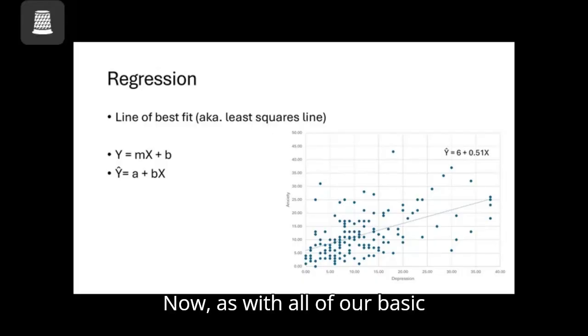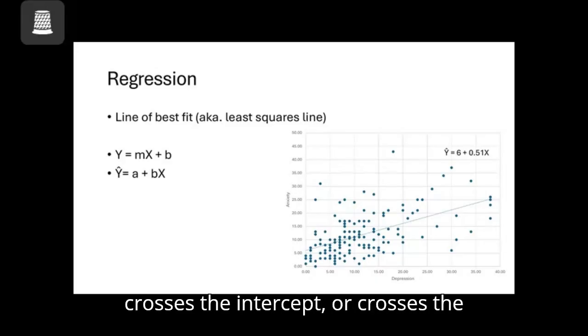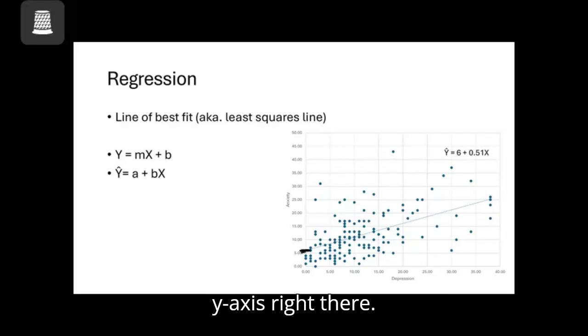Now, as with all of our basic mathematical lines, we use the basic equation of y equals mx plus b. However, in statistics, again, we're going to write it a little bit differently. We say y hat or y prime equals a plus bx. Remember that a is our y-intercept, so it is where this line crosses the y-axis right there.